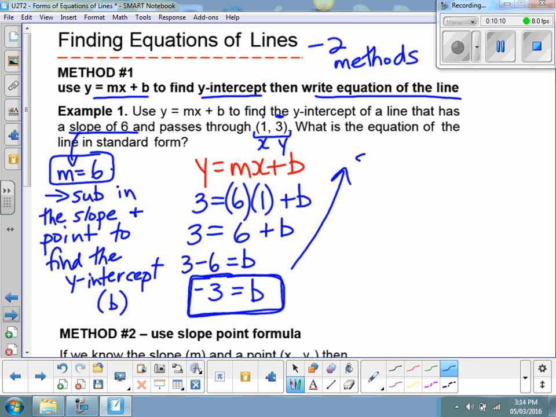So my last step is to sub m and b. So we're going to sub those in to get the equation of the line.